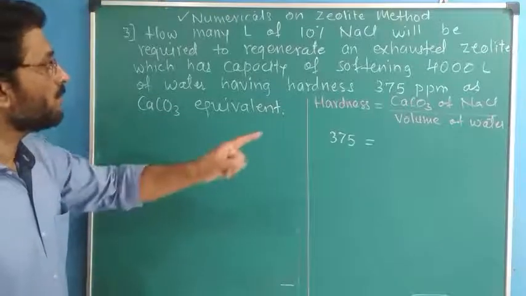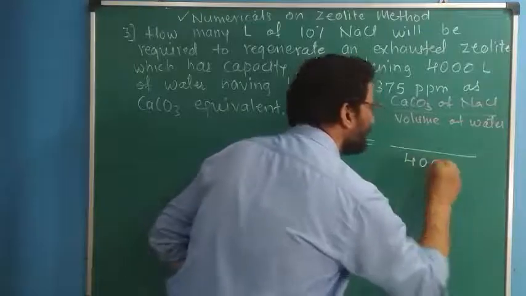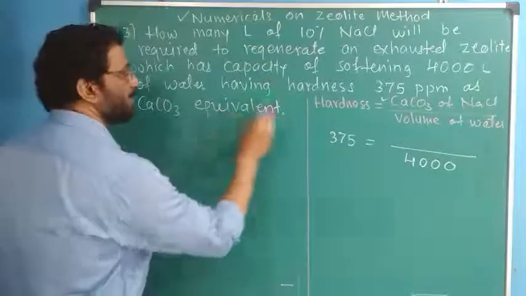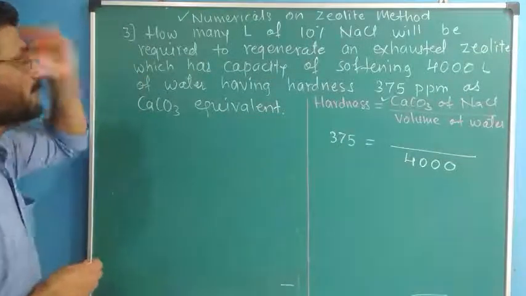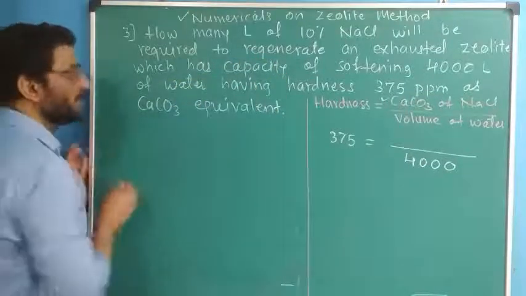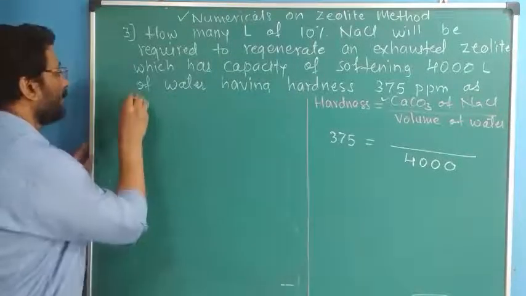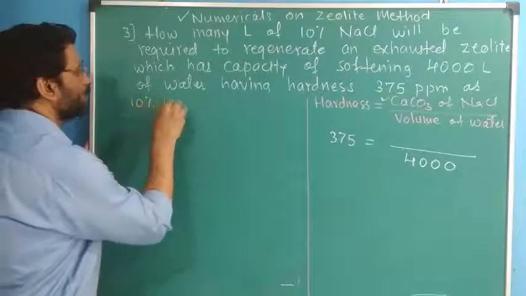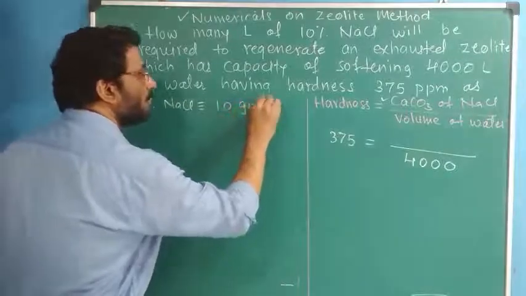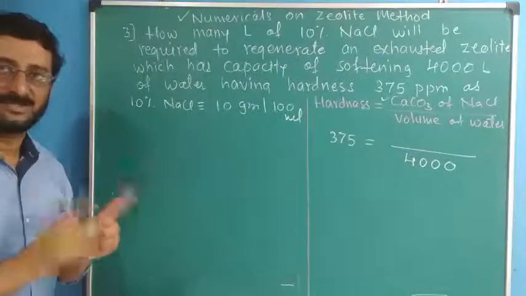And volume of water is also given. So write volume, that is 4000 liters. So one term we have to find out. Before that, they have mentioned 10%. Already we have seen what is the meaning of 10%. So note it down. 10% NaCl means that 10 gram of NaCl per 100 ml of NaCl solution.